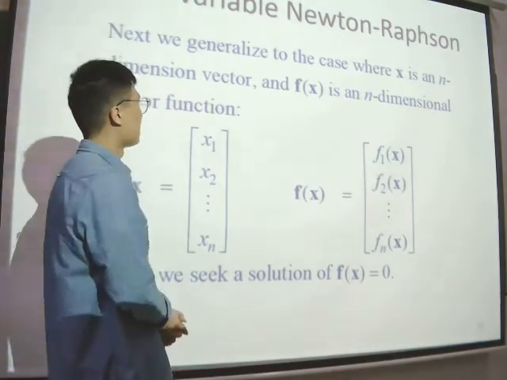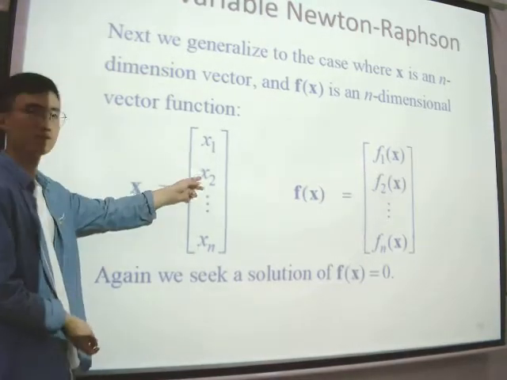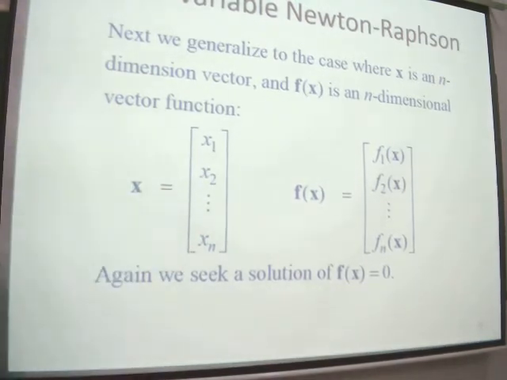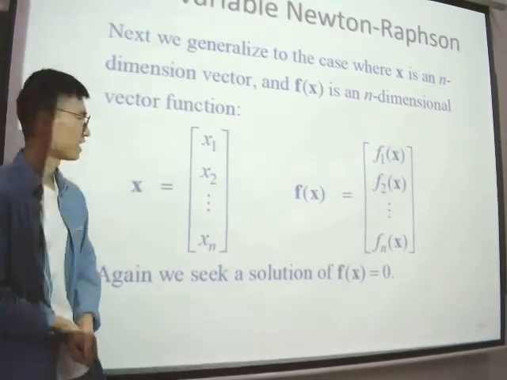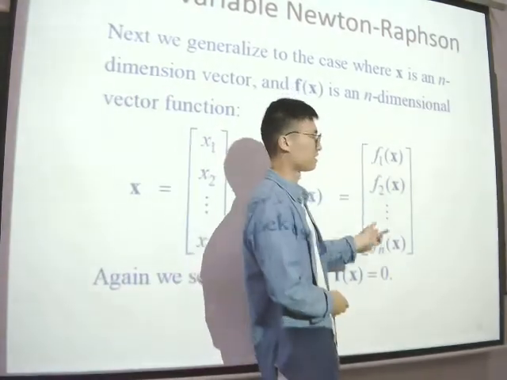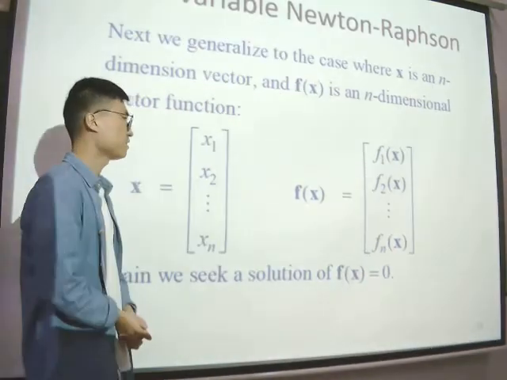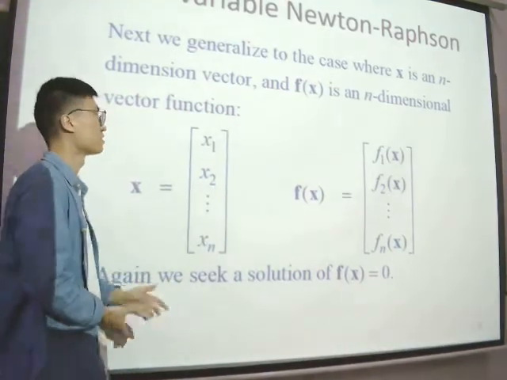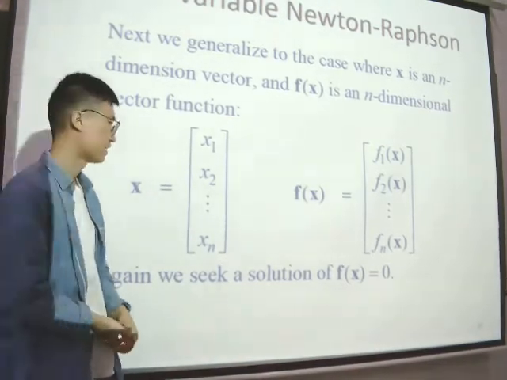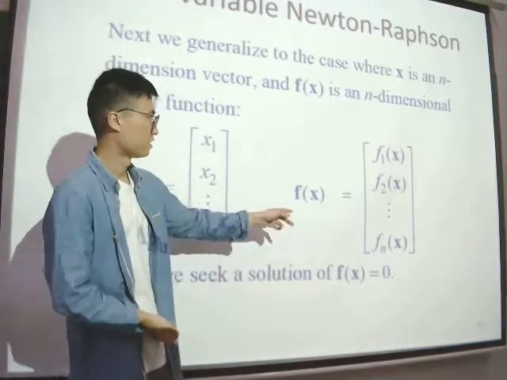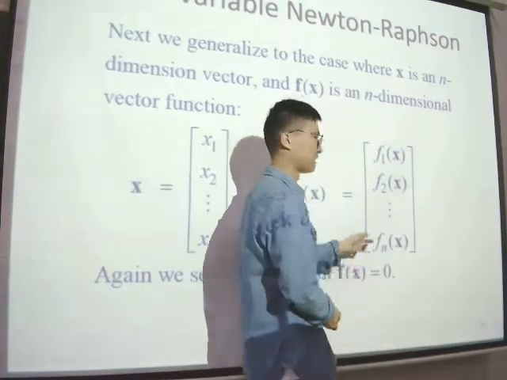So the general case is that x is an n-dimensional vector, where we have n inputs, so that f(x), the function, will also have a function value corresponding to the input vector. And our target is to solve f(x) equal to 0. Okay?